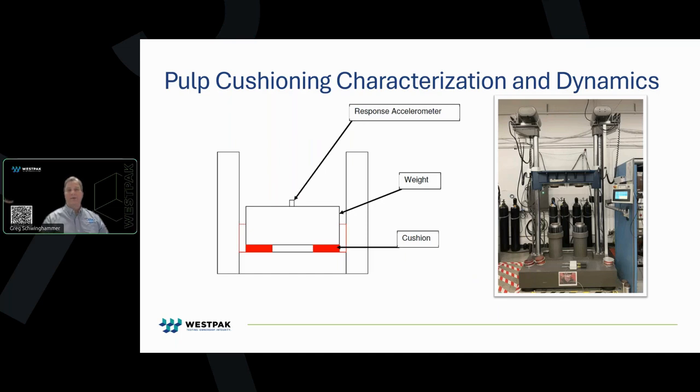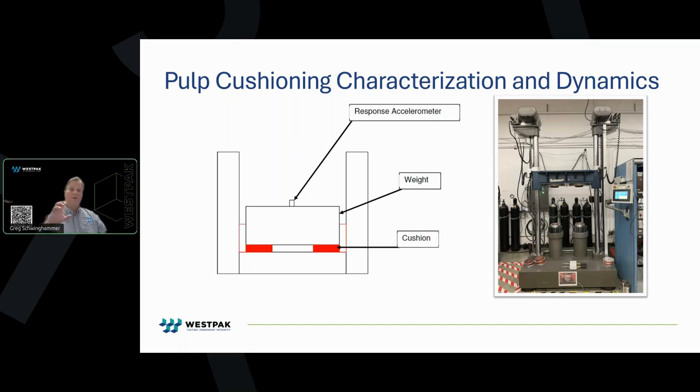To conduct the cushion curve for molded pulp material and other more sustainable cushions, you should take this system, place it on the platen of the shock machine here, and then drop it from a given drop height based on the velocity change. Following the generally accepted cushion test procedure, 5 impacts should be conducted at each loading level.